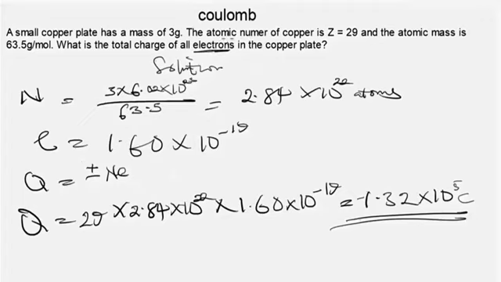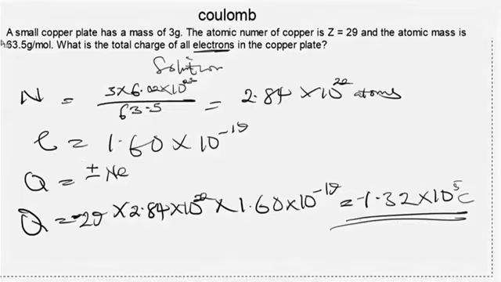Since we are calculating the total charge of all electrons in the copper plate, the minus applies here. So we have minus 29 times 2.84 times 10 to the power of 22 times 1.60 times 10 to the power of minus 19, to give us this. Alright.